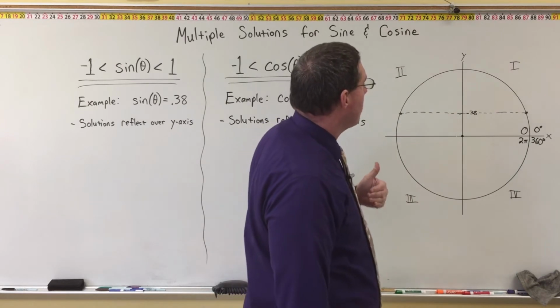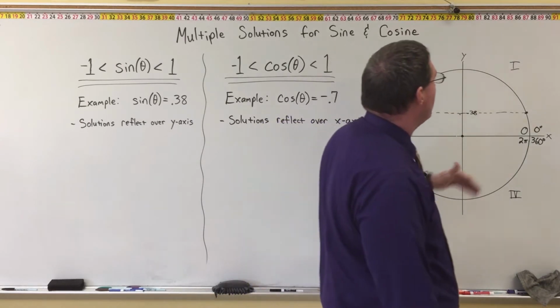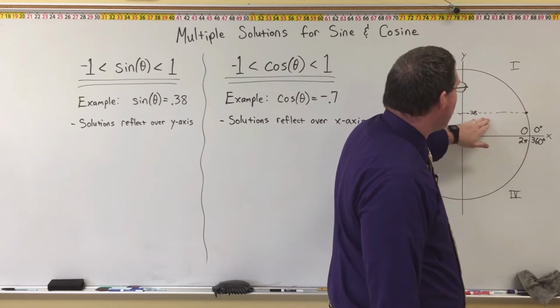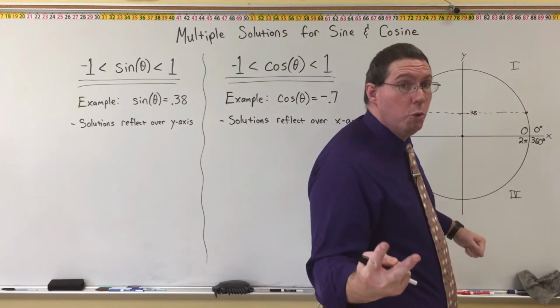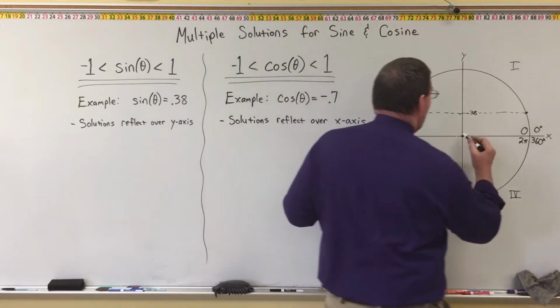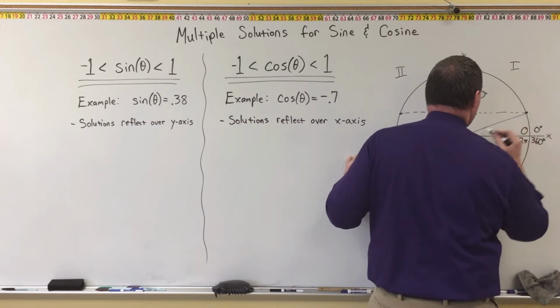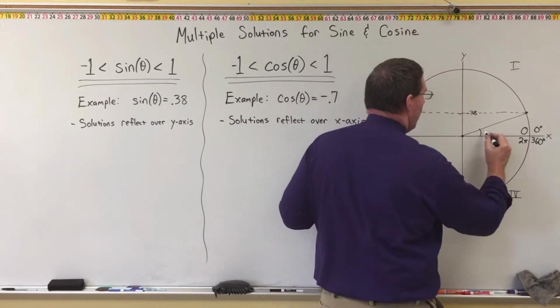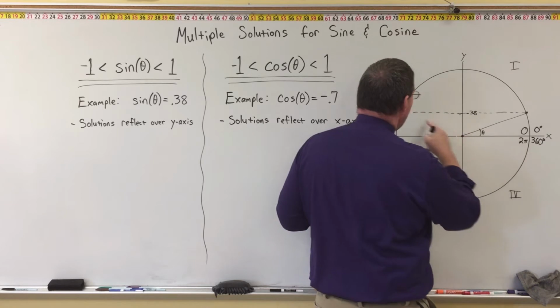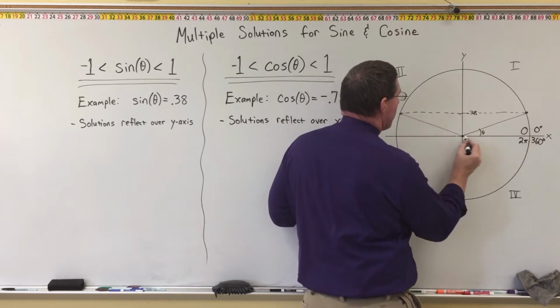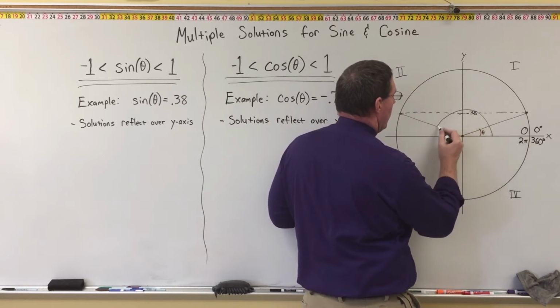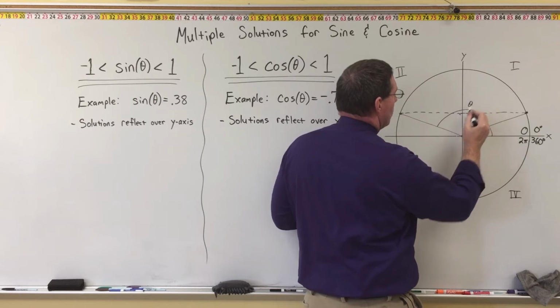So if I told you that sine was 0.38, there could be two angle solutions. We could have this angle right here, which would be a solution for theta. But also, whatever goes over to here, from here over to here, is also a solution for theta.